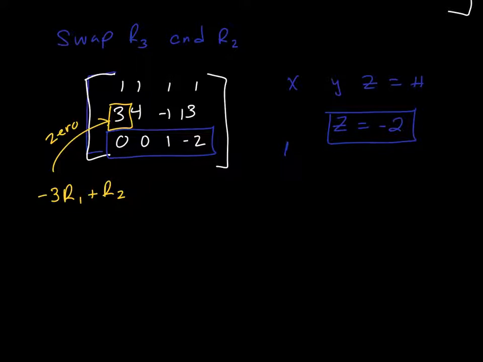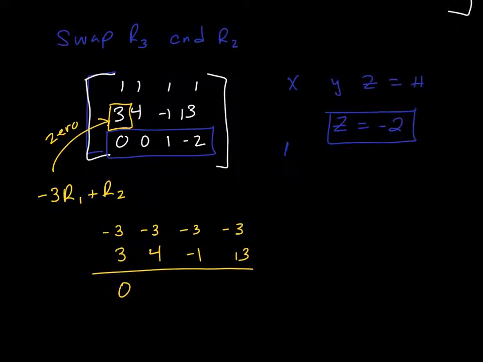So -3 times row 1 is just -3 all the way across. I take row 2, which is my 3, 4, -1, and 13. If I add all of that, that gives me my 0, 1, -4, and 10. So now when I go ahead and replace this, this here becomes my new row 2.